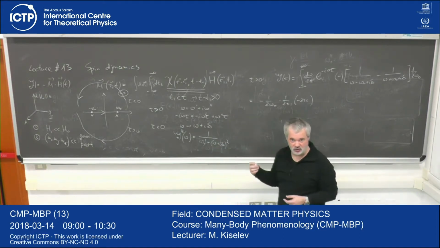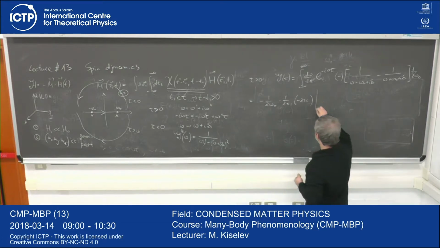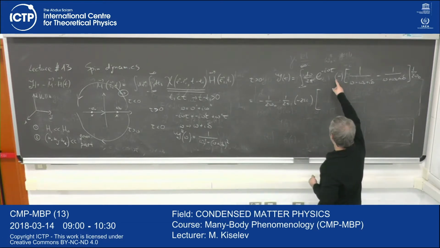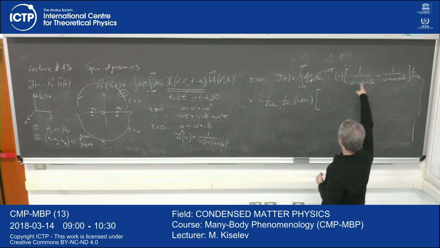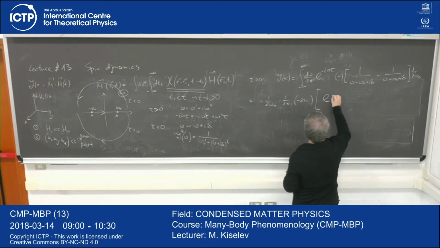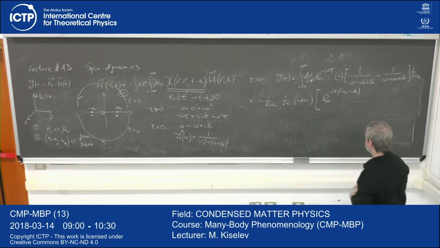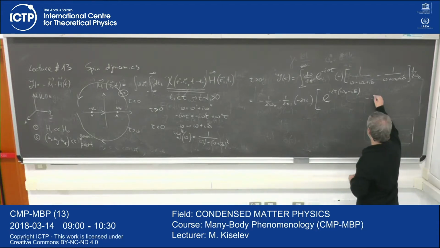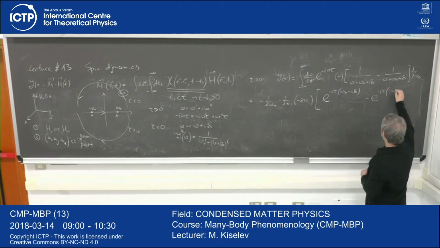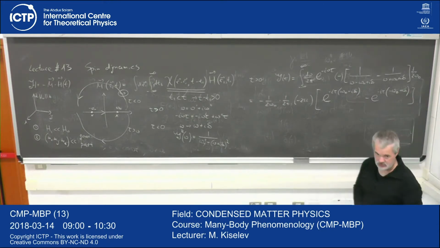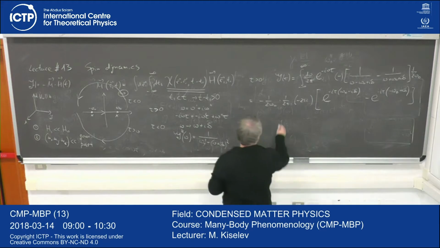And then I have the sum of residues. These are simple poles. So the first pole is omega equal to plus omega naught minus i delta. Therefore, this is minus i tau omega naught minus i delta. And the second is minus i tau times minus omega naught minus i delta. This is how this integral is computed.